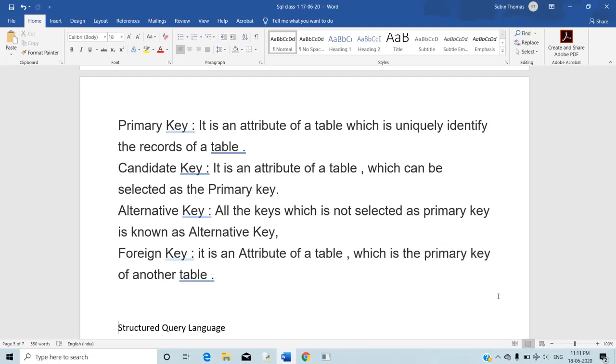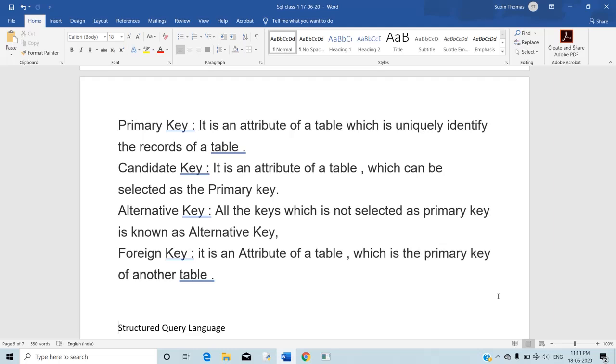You can have multiple columns in a table which uniquely identify the tuples of a relation. For example, students of 12A: every student will get a separate admission number and a separate roll number.